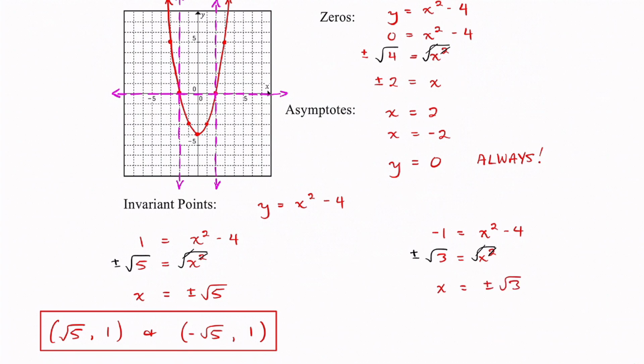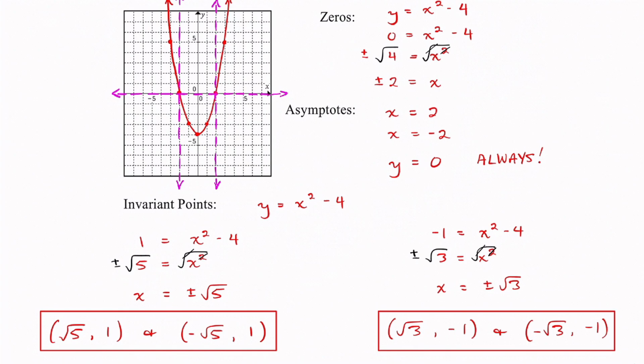And this one was for when the y was a negative 1. So I'm going to have square root 3 with a negative 1. And then I'm also going to have a negative square root 3 with a negative 1. So in this case, when you take the reciprocal of a quadratic, you get 1, 2, 3, 4 invariant points.